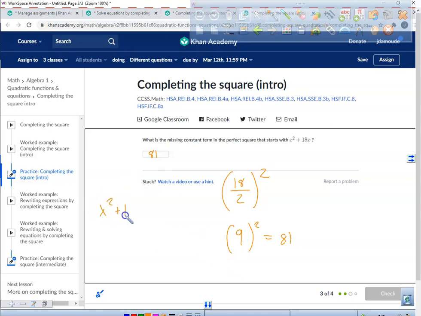This is hopefully the reinforcement of why this works. In order for this to be a perfect square binomial, I got to get it to factor to x plus 9 times x plus 9, which is x plus 9 squared. That's why this number has to be 81.